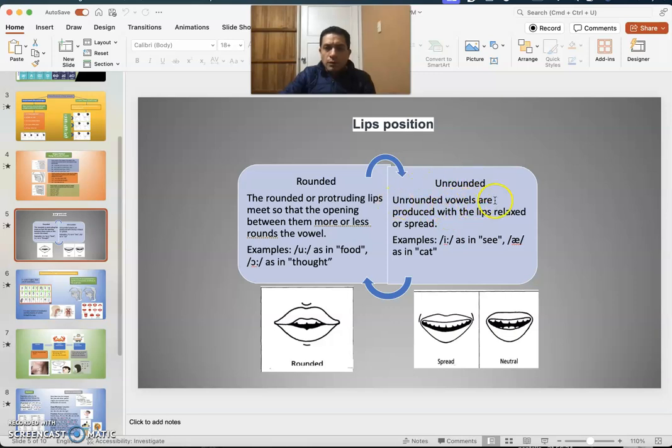Unrounded vowels are produced with the lips relaxed or spread, for example as in see and cat. We can find in the graphics spread, neutral, and rounded.